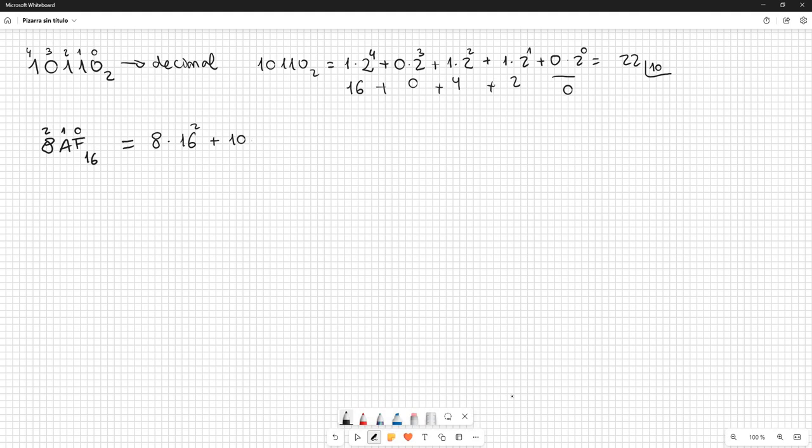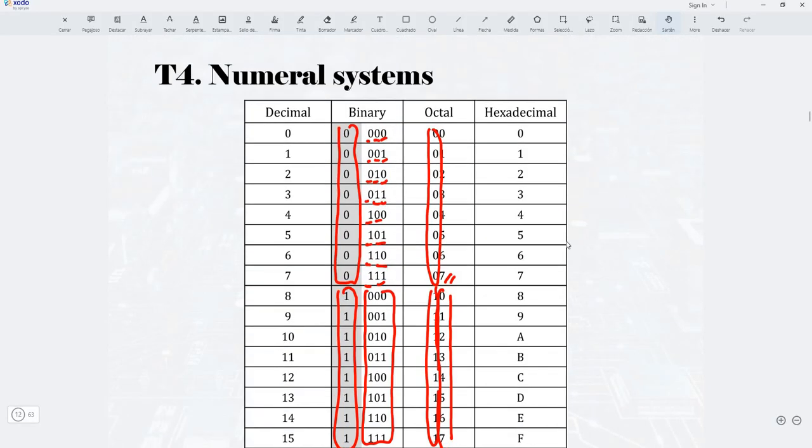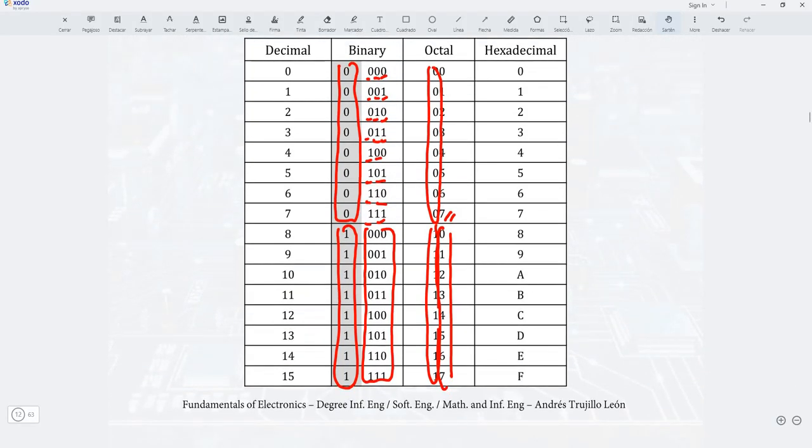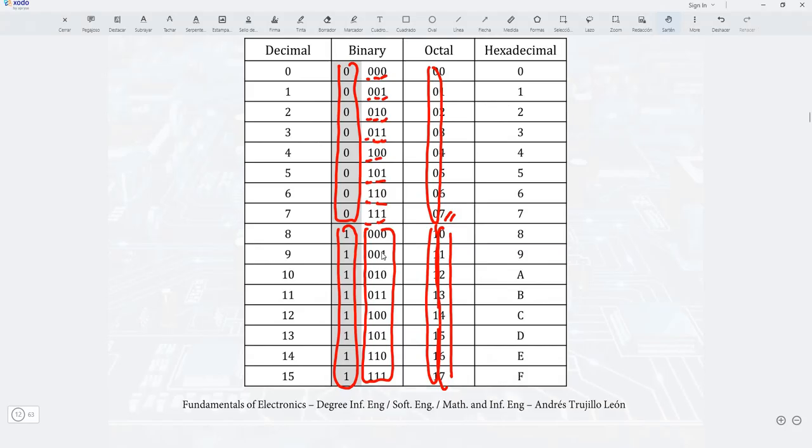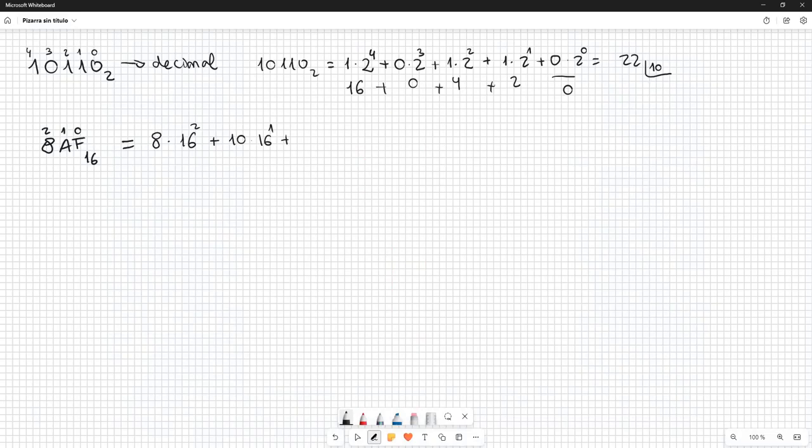You can look at the table. Okay, here it's clear. A is 10. Okay, and F is 15. Yes, F is 15. So this number, if you do the calculation, is this one.